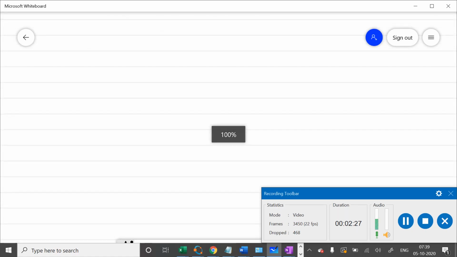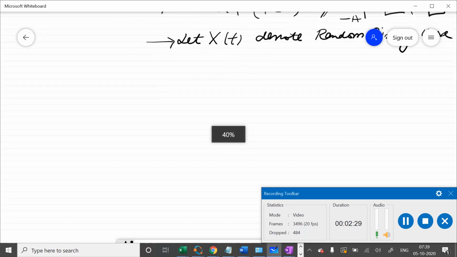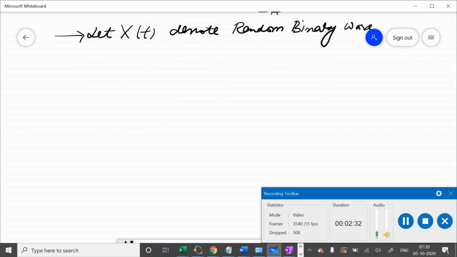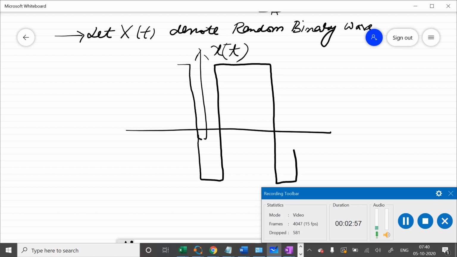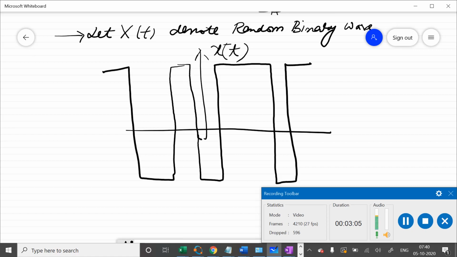Suppose I plot small x of t. One of the possible realizations is like this. What will it be in terms of binary?